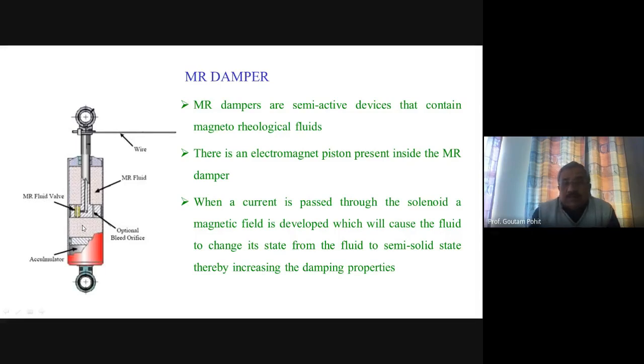When a current is passed through the solenoid attached here, it produces a magnetic field, which causes the fluid to change its state from fluid to semi-fluid or semi-solid, thereby increasing the damping properties.